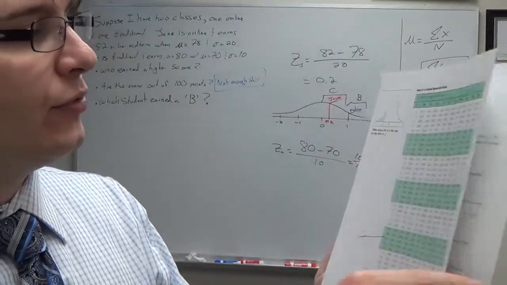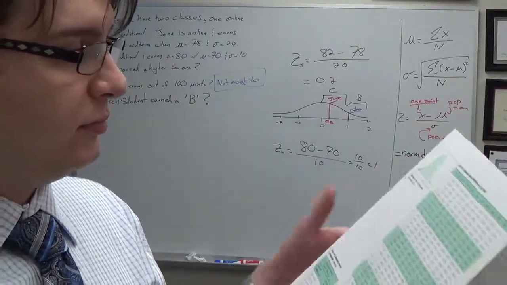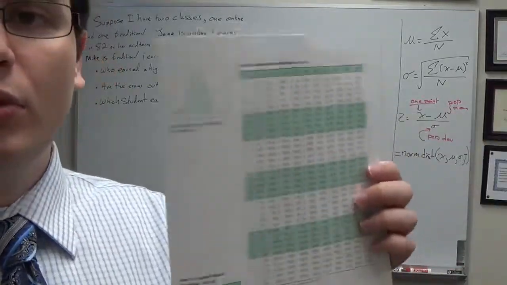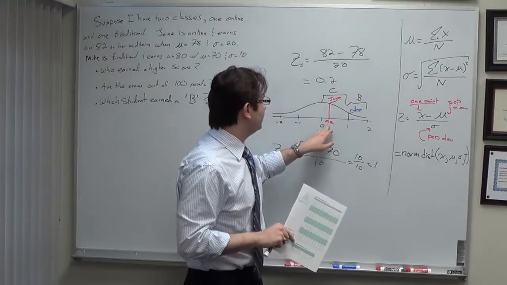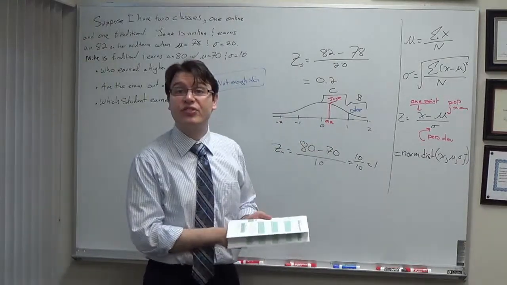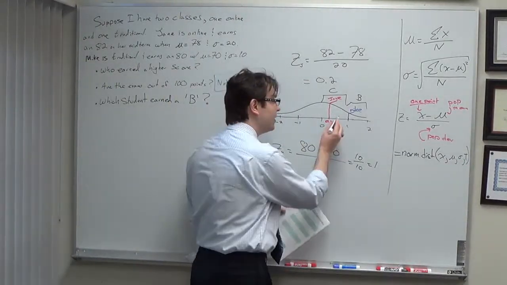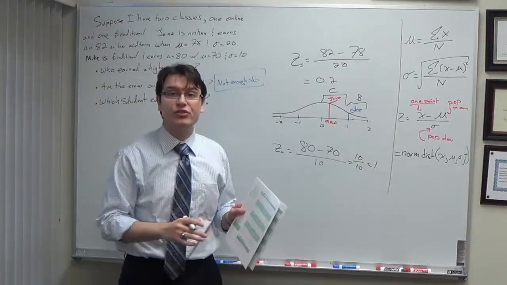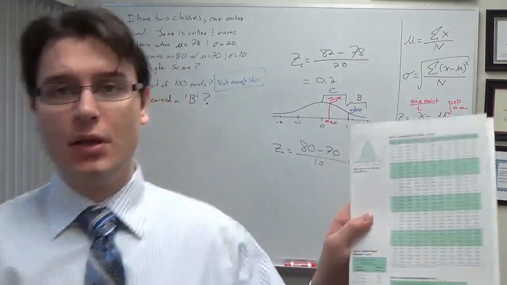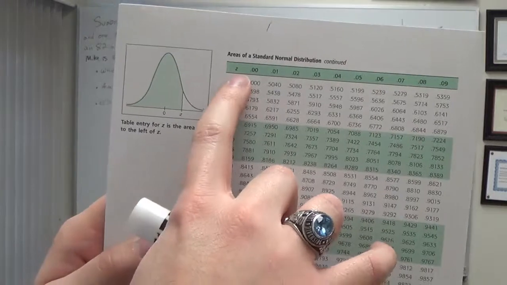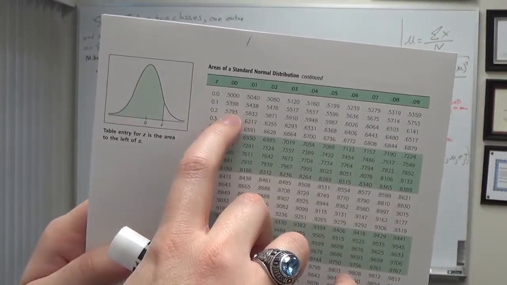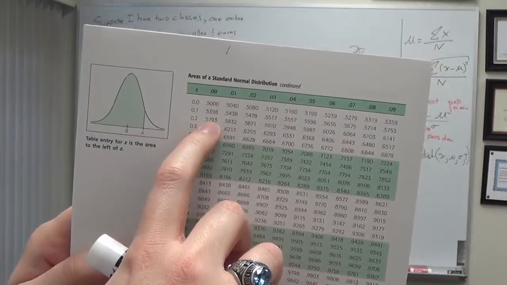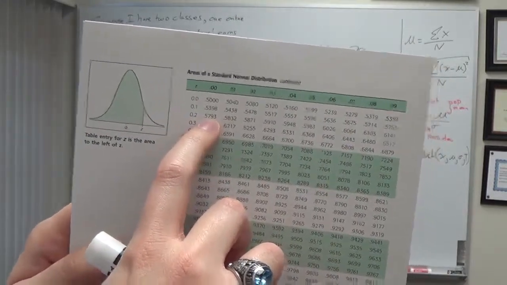I would go a little further on my chart where we have positive z-scores, and I would look up the positive score 0.2, and remember this goes to several decimal places, at least one after this, so I'd actually look up the number 0.20. And if I do this for you, 0.2, and then we go to 0, and we see 0.5793 is the area that we're looking at to the left.